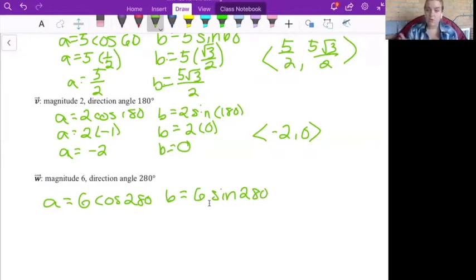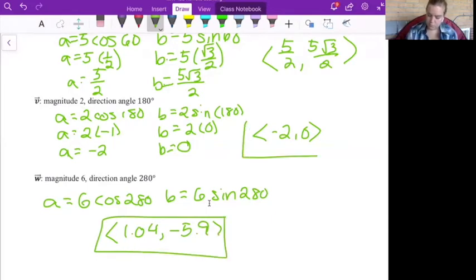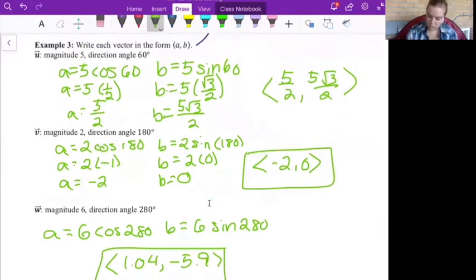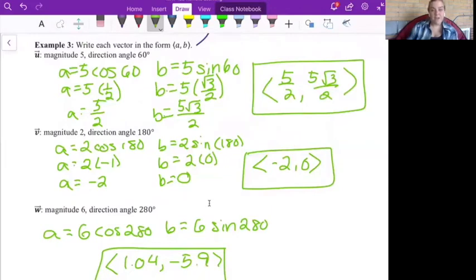No. So we're going to use our calculator, and then we get that this is 1.04 for our horizontal and negative 5.9 for our vertical. So that is how we write a vector when we're given the magnitude and the direction.